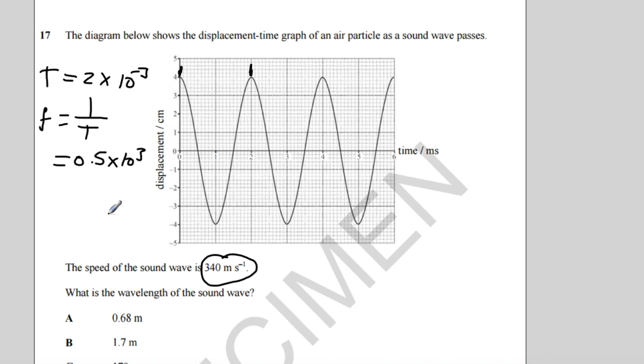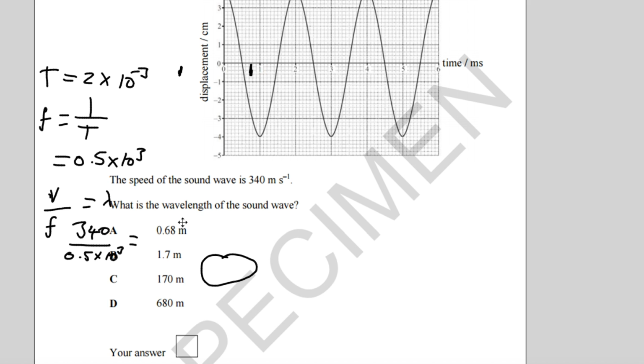So this is our frequency. We can then use the speed of sound that we're given, because the velocity of the wave divided by the frequency tells us the wavelength. So we can say that the speed, 340, divided by the frequency, but the answer that we're looking for is answer A.